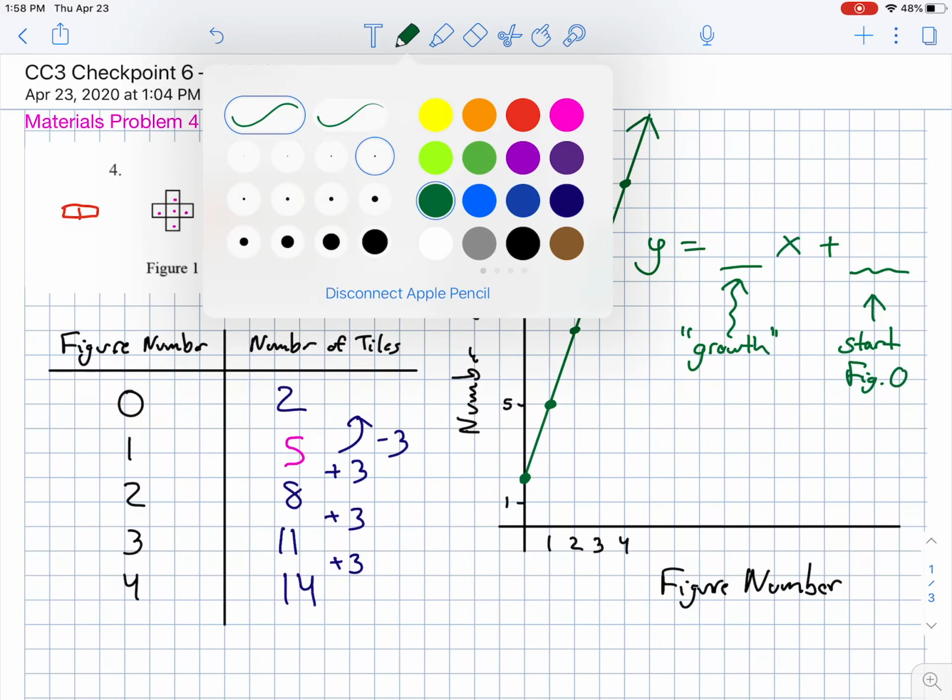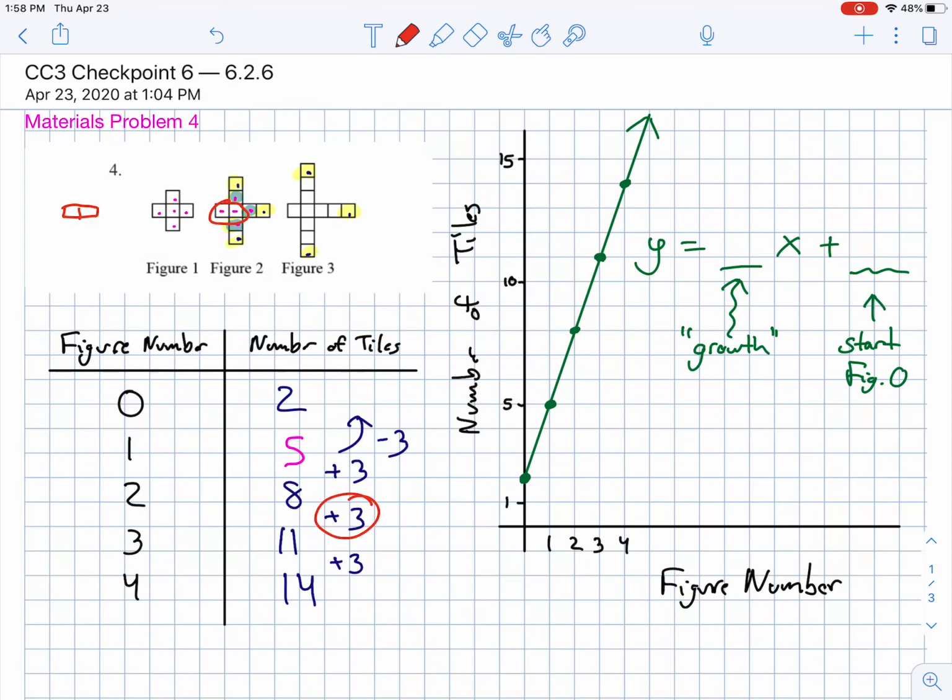In this case, we're growing by 3 tiles, and you can see that visually. If we go over to the next figure, we go up 3 tiles. So our growth is 3, and we started figure 0 with 2 tiles. So the equation is y equals 3x plus 2.